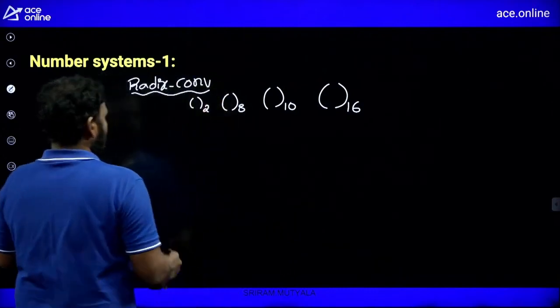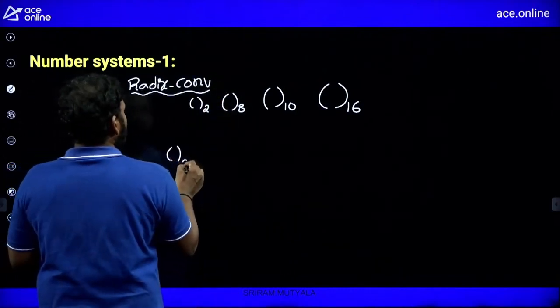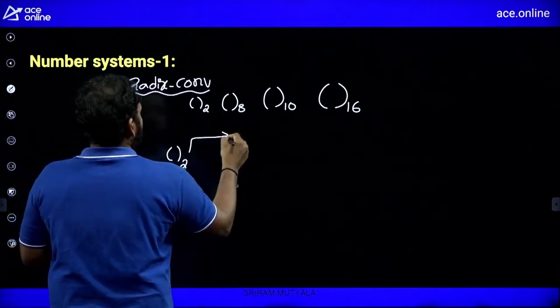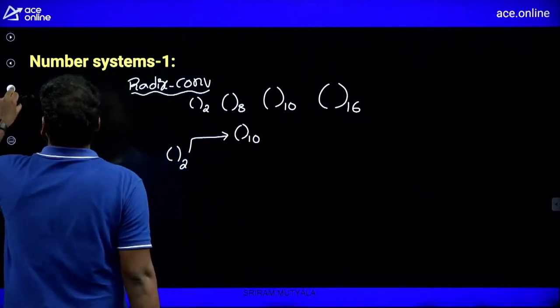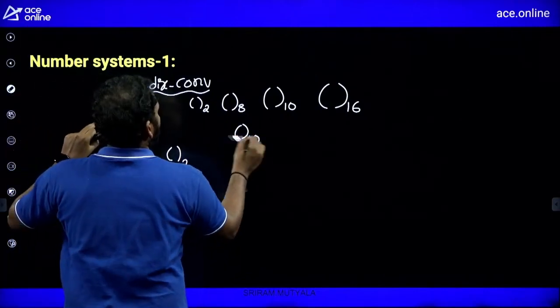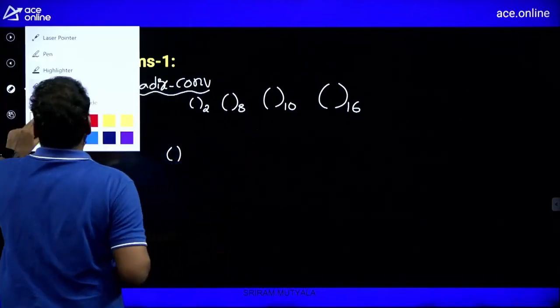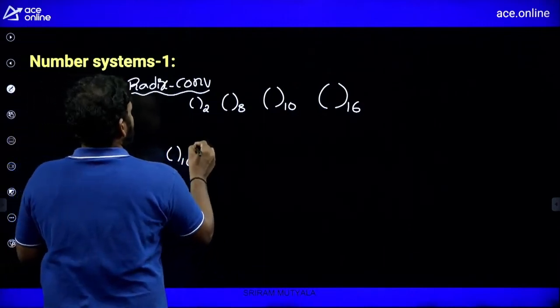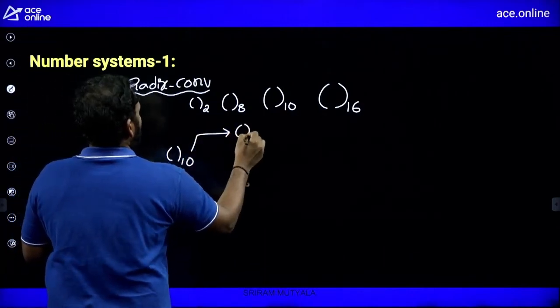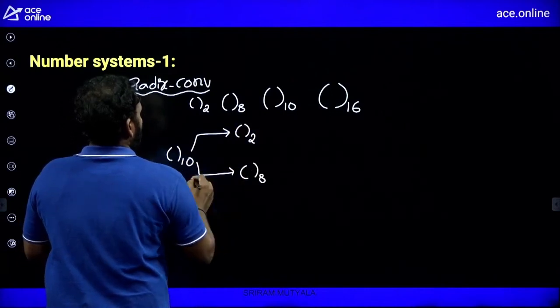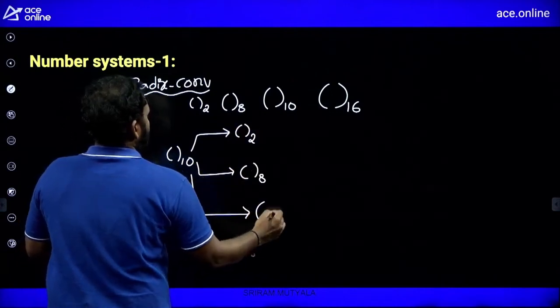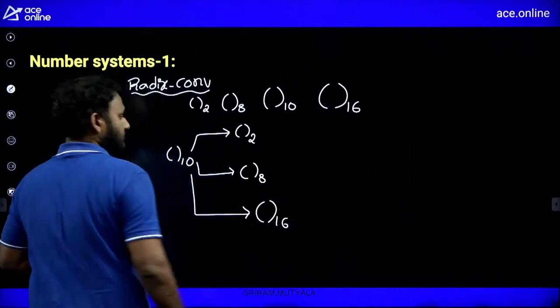For example, you try to convert binary to others, like binary to decimal, or otherwise you can start from the decimal, no problem. You can categorize it. You take decimal to others, which is better: decimal to binary, decimal to octal, and decimal to hexadecimal.